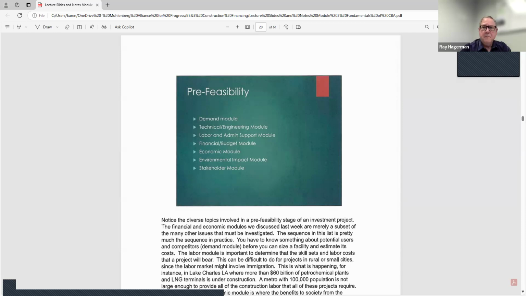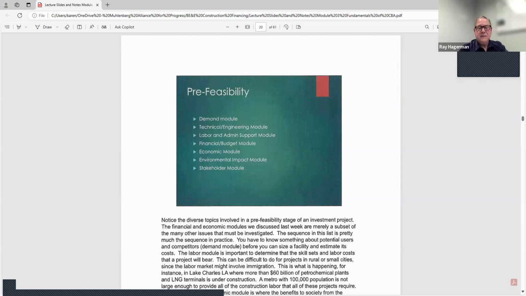You do a phase one environmental to see if there's anything that requires cleanup. The company has to file an air permit to find out if they're going to be in attainment or not. Depending on what it is that they produce, they may or may not add or detract from the amount of pollution that already exists in the community. Those are all things that matter.